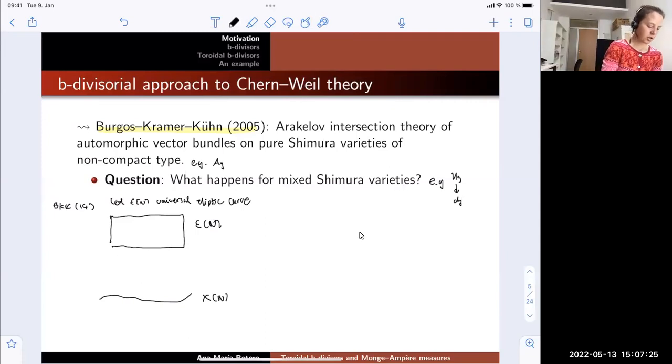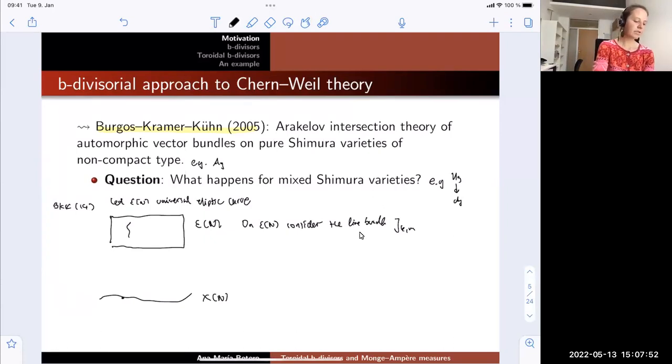A point here represents an elliptic curve with some level n structure, and then over E_n, you can consider the line bundle of Jacobi forms, which come with two invariants k and n, weight and index.